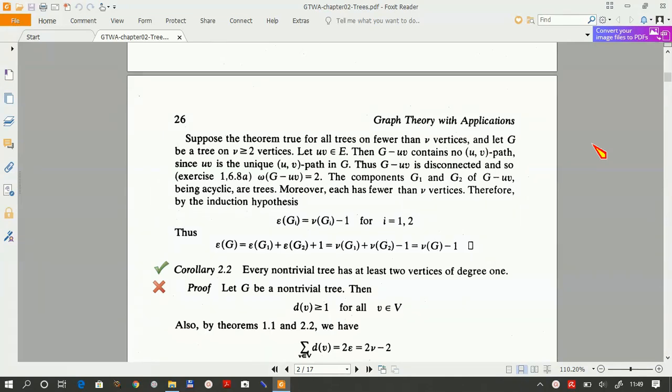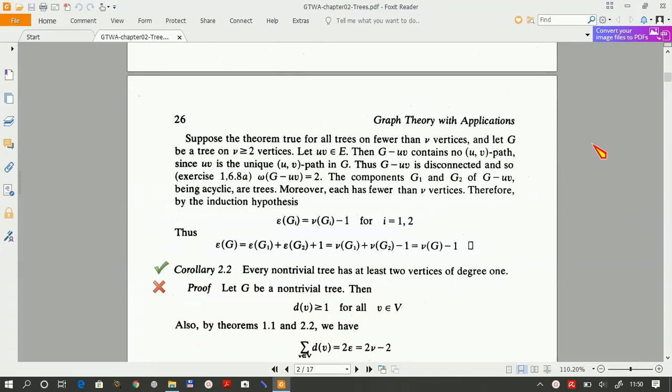Then take any edge of the tree. Let it be the edge between vertices u and v. Then, if you take away this edge, you don't have any uv path. Why? Because that edge is the unique path from u to v. We saw before that between 2 vertices in a tree there is exactly one path, and this path between u and v is that single edge.